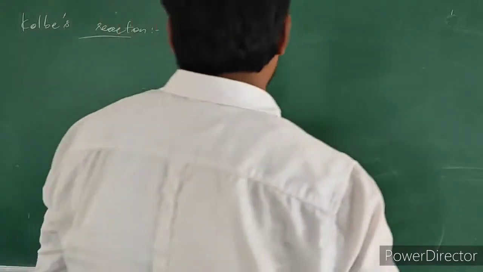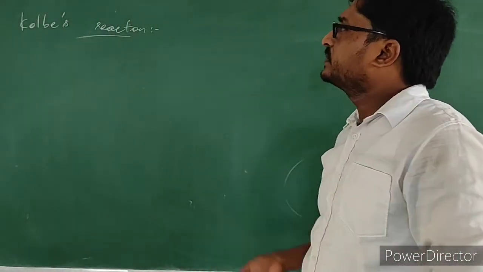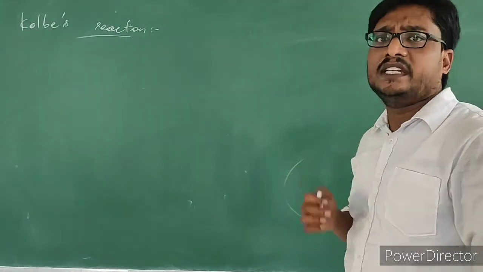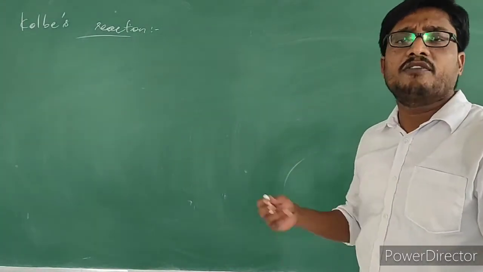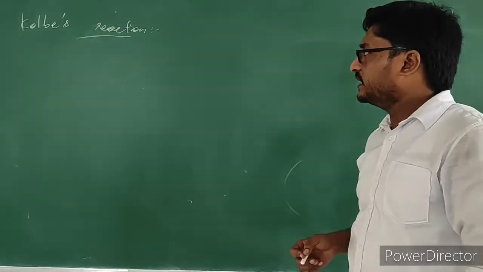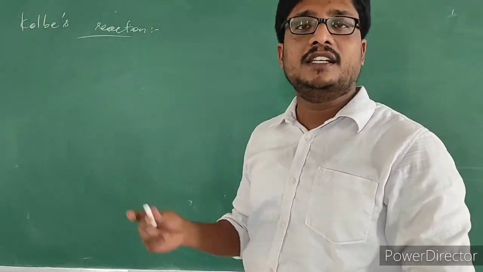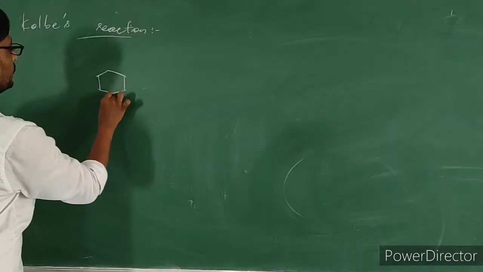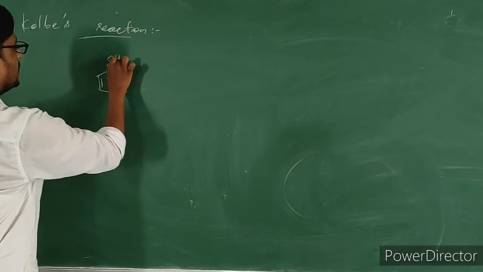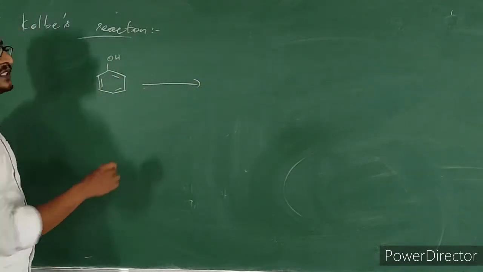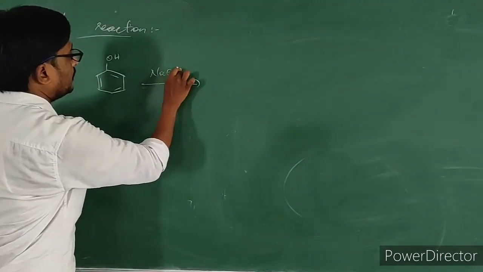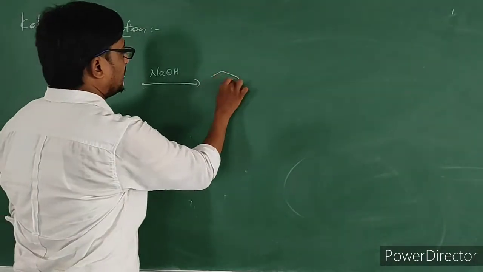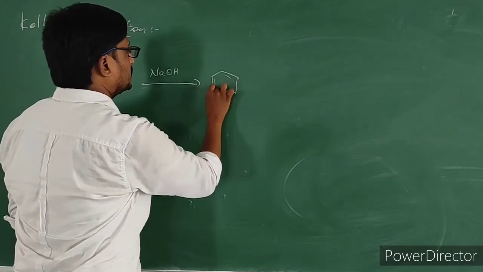Let us see Kolbe's reaction. In Kolbe's reaction, we prepare salicylic acid from phenol. So the starting reactant in Kolbe's reaction is phenol. Phenol is treated with sodium hydroxide initially, and it gets converted into sodium phenoxide.